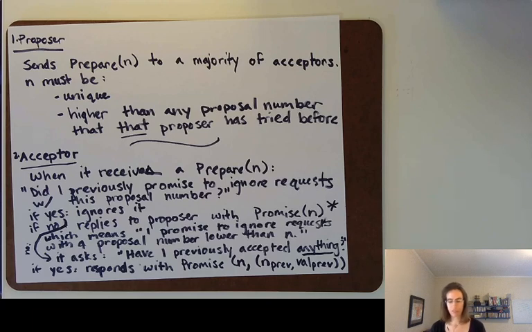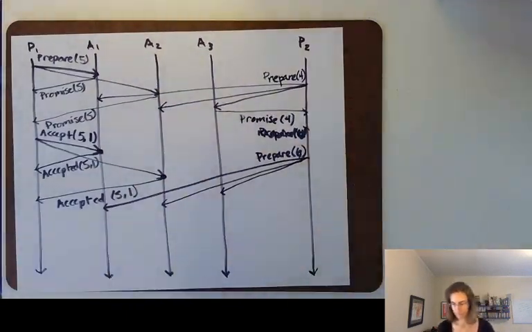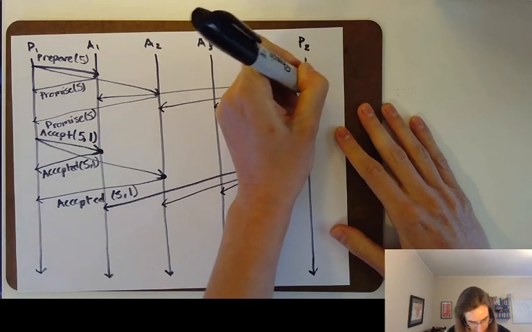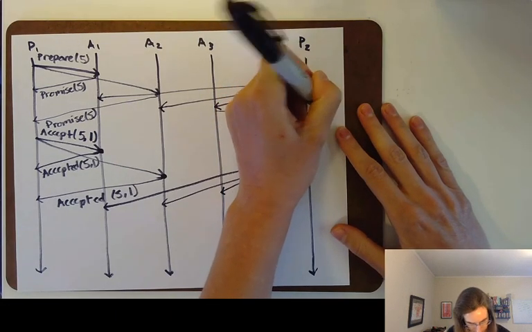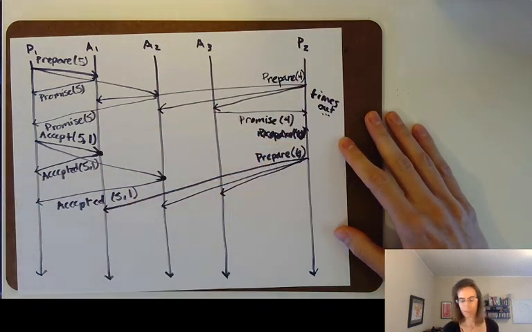So let's see how this looks in our picture. So here was this prepare request. This one times out. This new one gets sent.